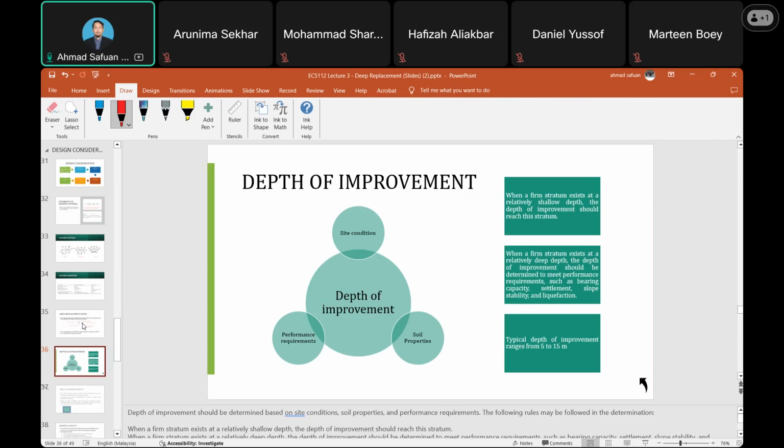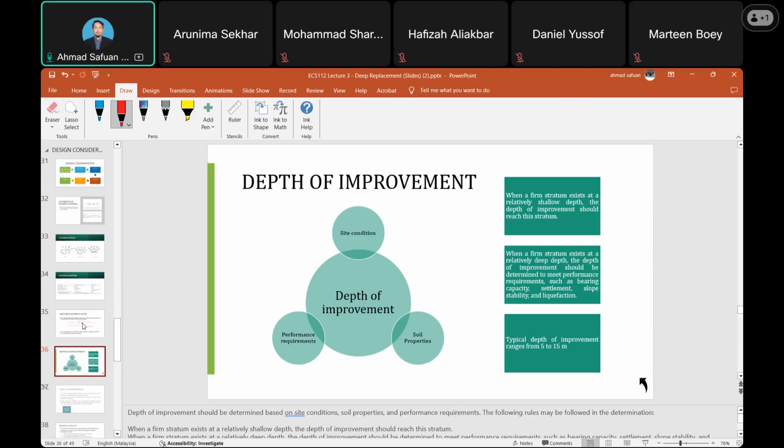When a firm stratum exists at a relatively deep depth, the depth of improvement should be determined to meet performance requirements such as bearing capacity, settlement, slope stability, and liquefaction.